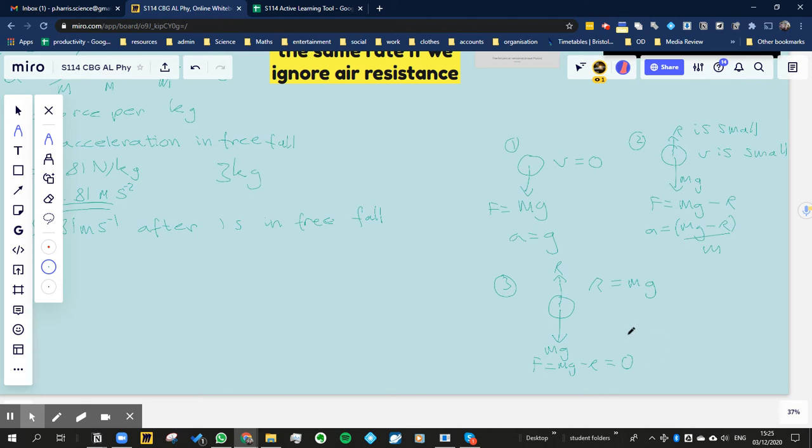So the force is now equal to 0, because while it's been falling and speeding up, the air resistance has been increasing. And now it's big enough. Now it's as big as the weight. The force of the air resistance is as high as the force of the weight.